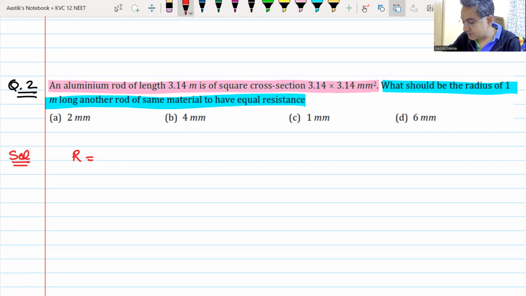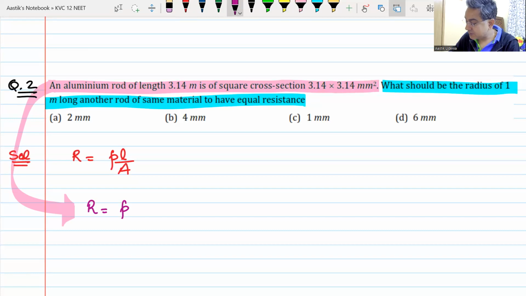The formula for resistance is rho L by A. Now if I write the formula for this pink rod, the resistance R will be rho into L of this rod, which is 3.14, divided by the cross-section area, which is 3.14 into 3.14.